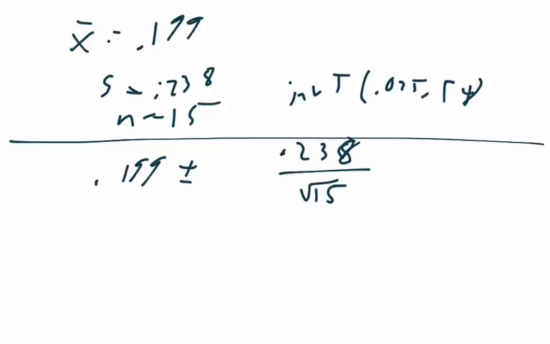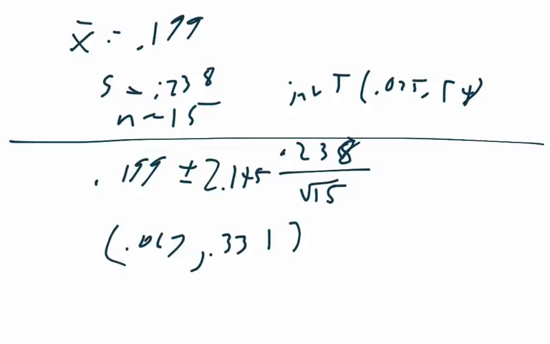And it turns out to be 2.145. So we got 0.331 on the top end, because I did the plus one first. When I go back and do the minus one, it is 0.067.